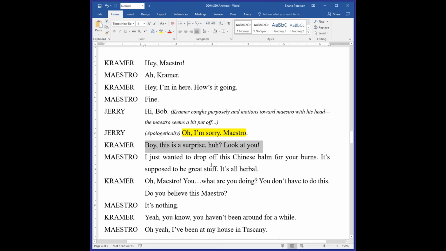Boy, this is a surprise. Hey, look at you. I just wanted to drop off this Chinese balm for your burns. It's supposed to be great stuff. It's all herbal.